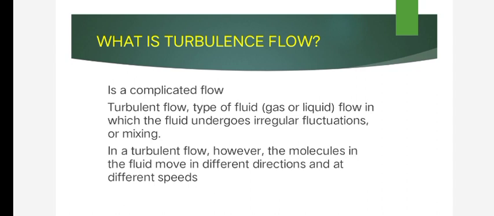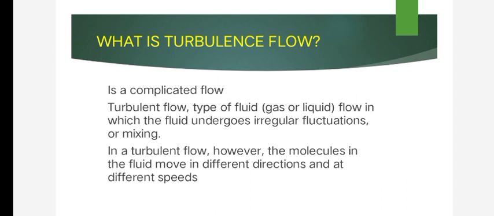In a turbulent flow, however, the molecules in the fluid move in different directions and at different speeds. So when we say turbulent flow, it is characterized by the irregular movement of particles of the fluid. The fluid does not flow in parallel layers.